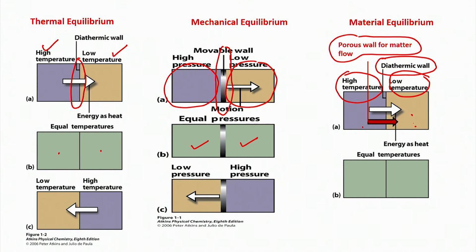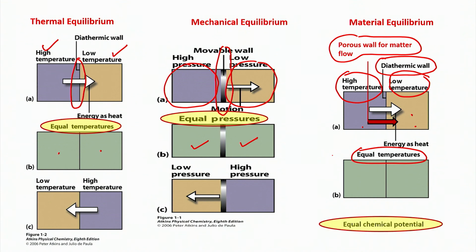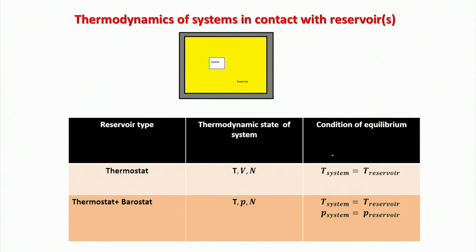So when will the final equilibrium state be reached? It will be reached when there is equal temperature in both the compartments and also an equal chemical potential in the two compartments.